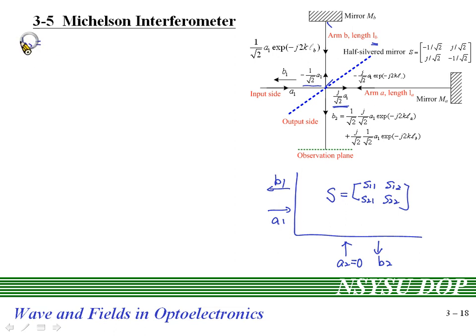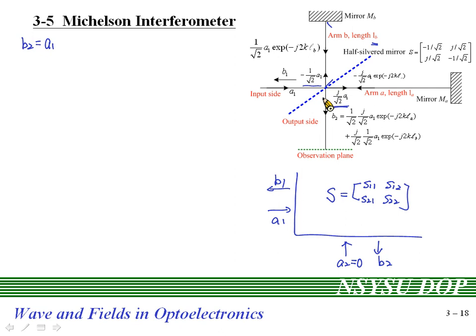consider the amplitude of B2, it combines two sources. One goes through the length LA and the other goes through the length LB. Okay, so first consider this path. For this path, we start with A1 and transmit through the half transmission mirror.